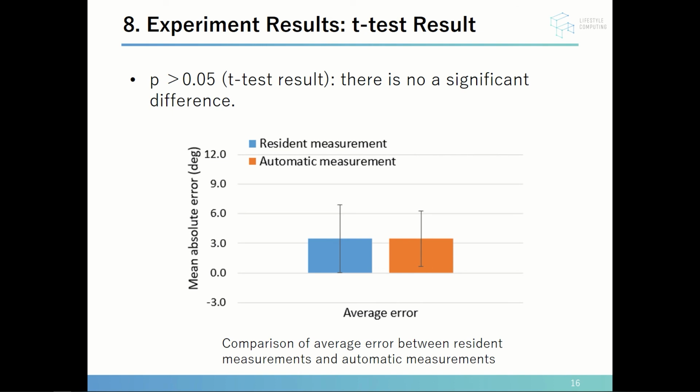We performed a two-sided t-test at the 5% level of significance to see if there was a statistically significant difference. This slide figure shows a comparison of the average error between the resident and automatic measurements. There was no difference in the overall mean error between the automatic and resident measurements.